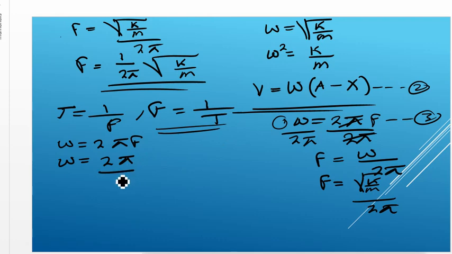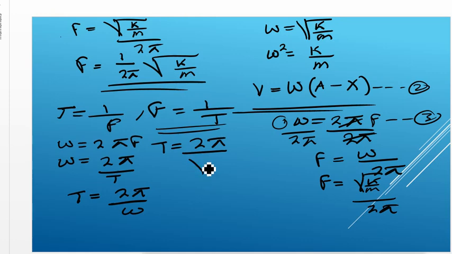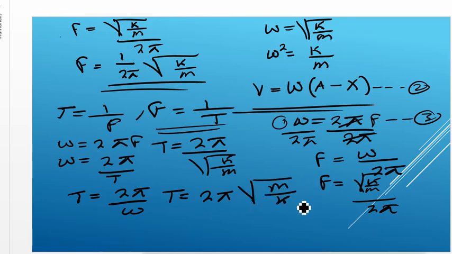If we make period the subject, we're going to have 2 pi over omega, which is just the same as t equal to 2 pi over the root of k over m. From here, this is just the same as period is equal to 2 pi the square root of m over k. So you take note of this particular formula.